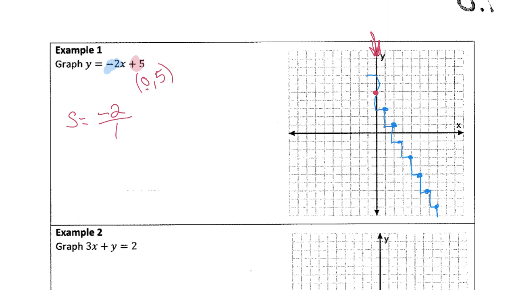And same thing up. And now I can connect those points. That's not the straightest line ever. Okay, so I put a lot of dots on there. If you only wanted to do 5, that's fine with me.